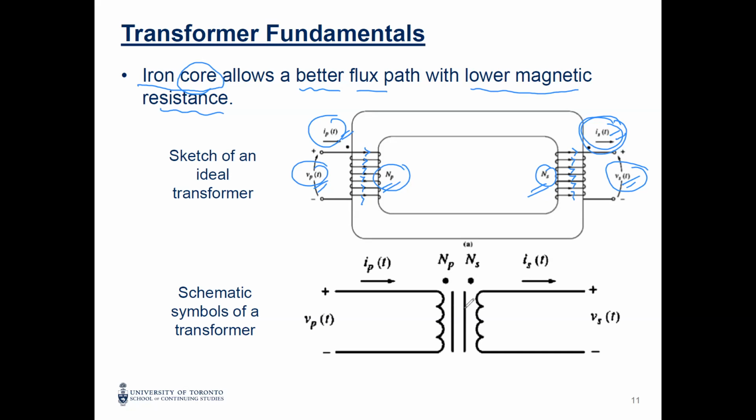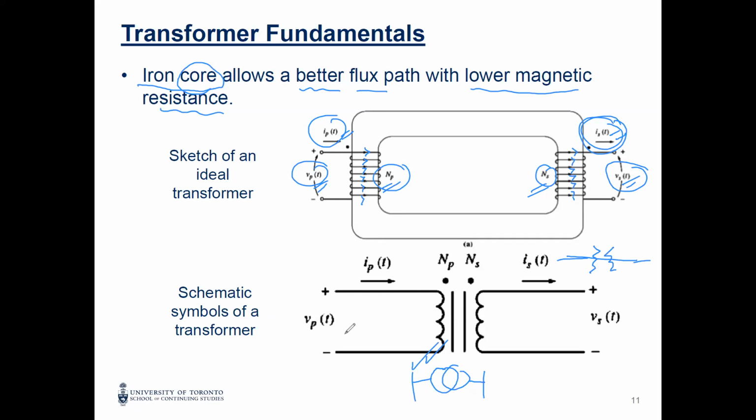Okay, simply we can draw the transformer as this symbol. Sometimes in the power systems you will see two circles. That's fine too. So you have different symbols for the transformer, or the schematic symbol.